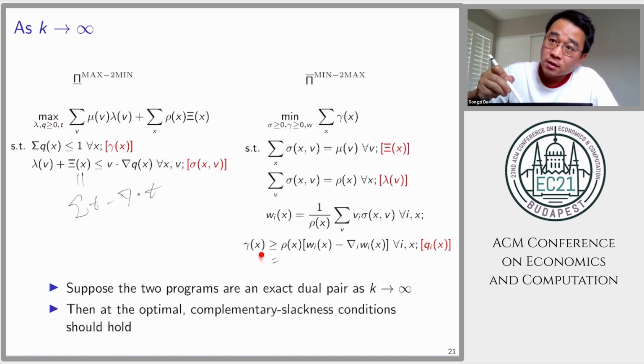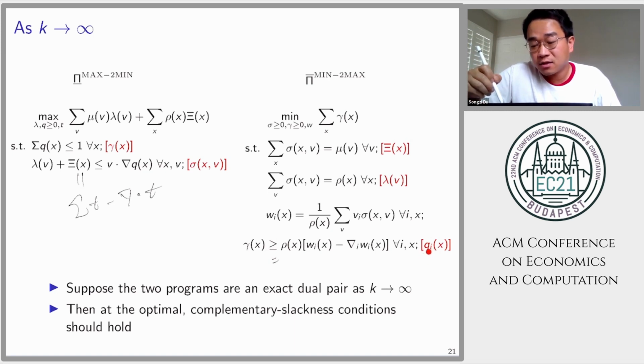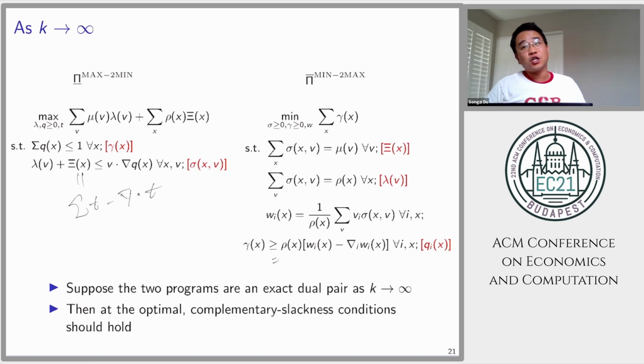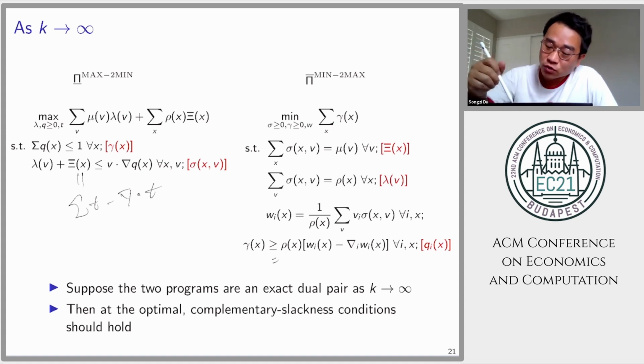So this constraint can always be taken to be a binding constraint. Then by complementary slackness, if the constraint is binding, then the multiplier can be anything. So this means that the seller is free to use any interior allocation function. He can use any randomization in his allocation between the bidders, because this is a binding constraint, so the multiplier can be anything.